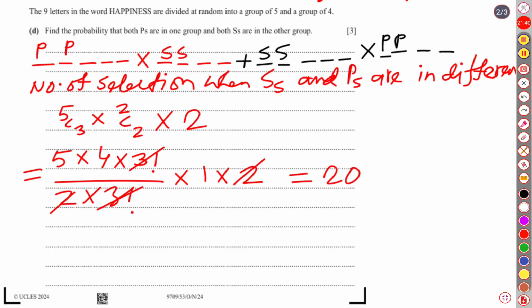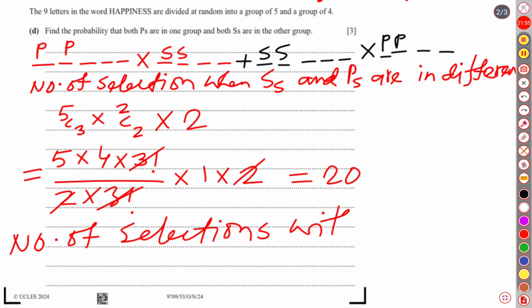Now without any restrictions, randomly, if we form the two groups, what is the number of selections without restrictions?